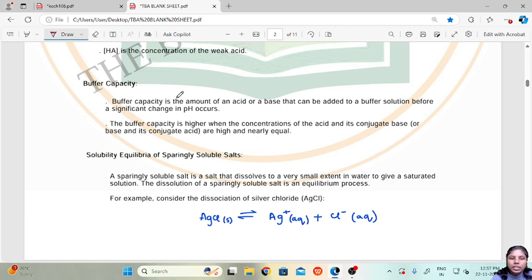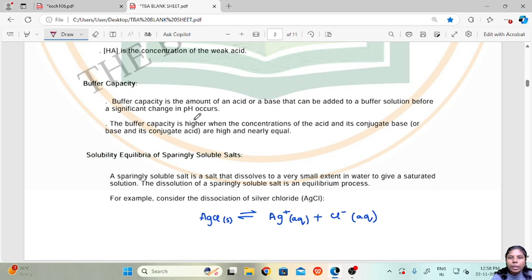Buffer capacity is the amount of an acid or a base that can be added to a buffer solution before a significant change in pH occurs. When we say saturation, what do we consider? When we go on adding, it is the point beyond which the solution can no longer dissolve anything, and it starts to precipitate out.